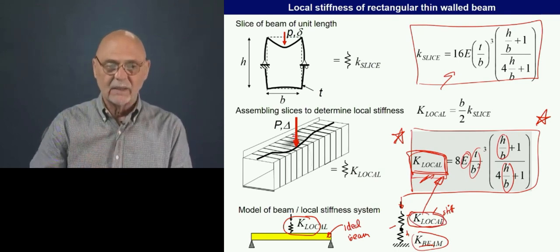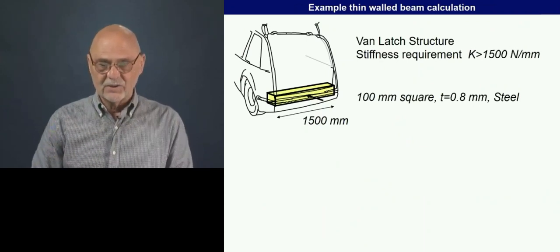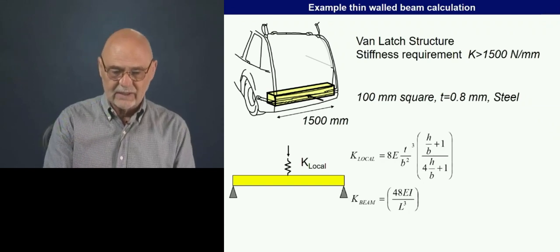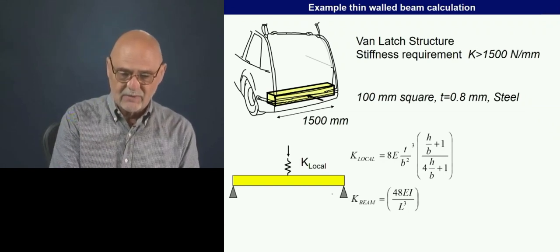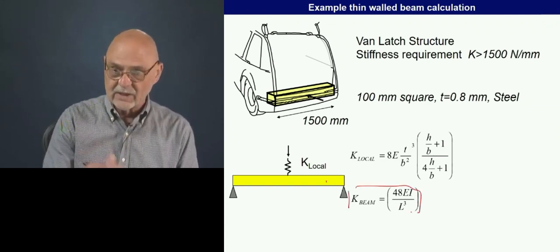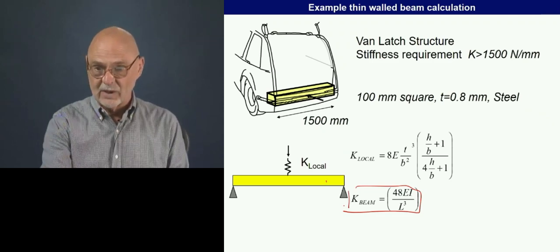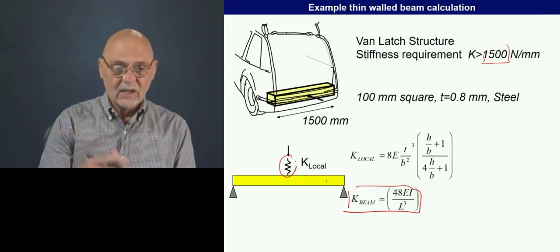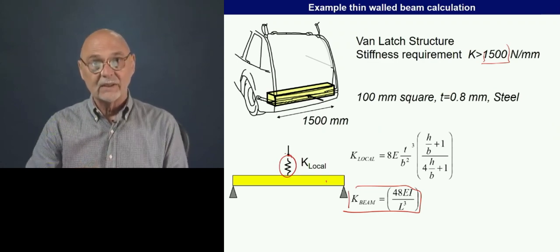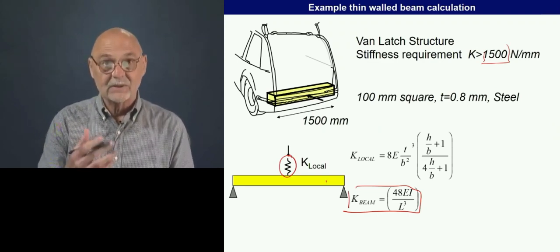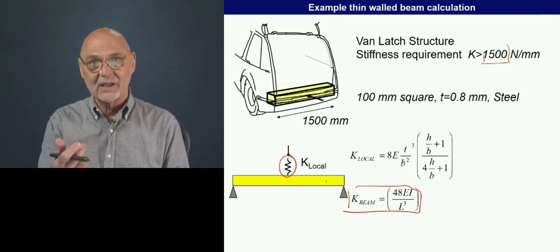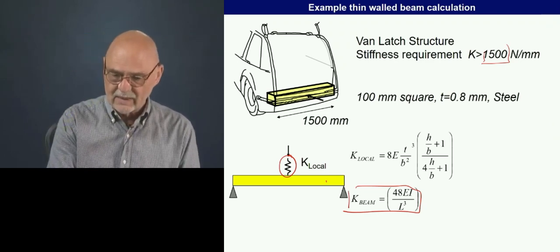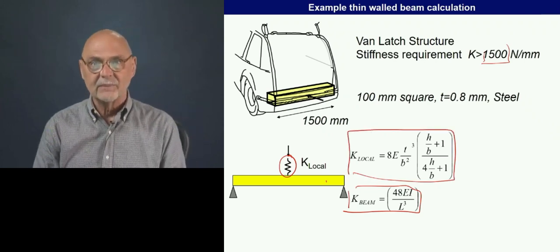So let's go back to our little example of the van structure. We went through and calculated the stiffness of the beam before, and we said that was really stiff. That was actually greater than the requirement. But now we realize that we have this local flexibility occurring, that we get some flexibility in the section as it is smushing underneath, and that value is given by this equation.